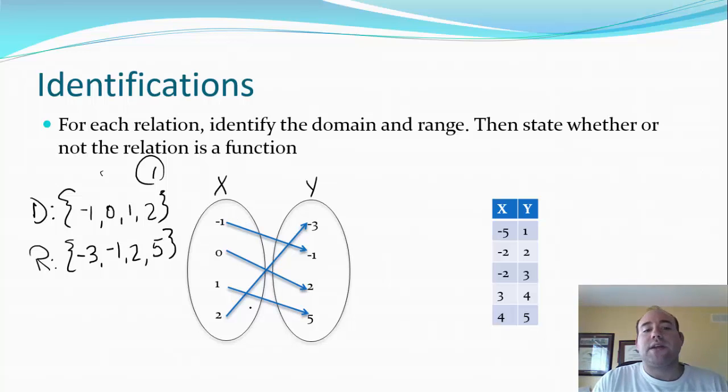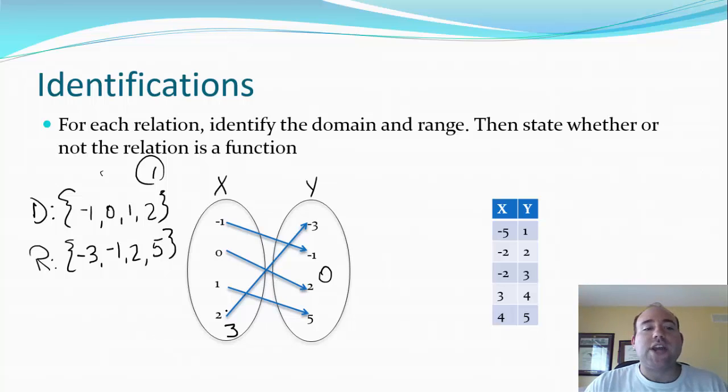If there was a number in one of these ovals that didn't have an arrow associated with it, like let's say I threw in a 3 here with no arrow, you wouldn't include the 3 because it's not part of the actual mapping, which is the blue arrows, okay? Just a little heads up about that. I didn't do that here, but if I were, you'd still only use the ones that have arrows. Likewise, over here, if I put a 0 in here, you wouldn't include the 0 because notice how there's no arrow pointing to the 0.